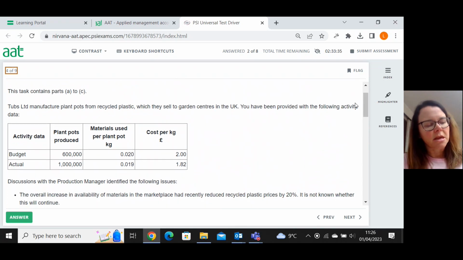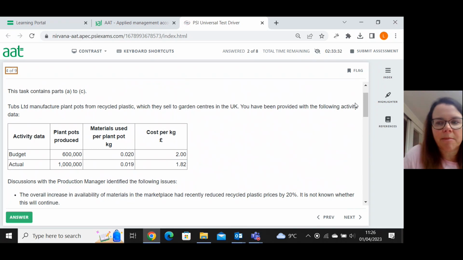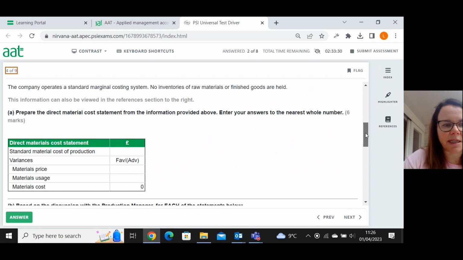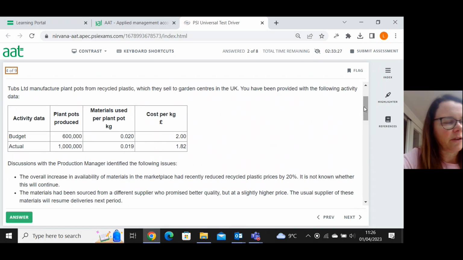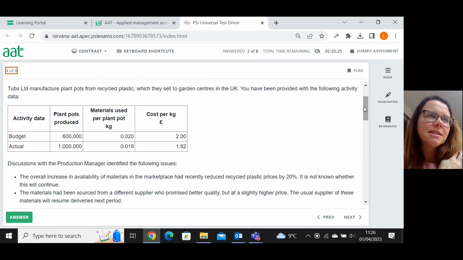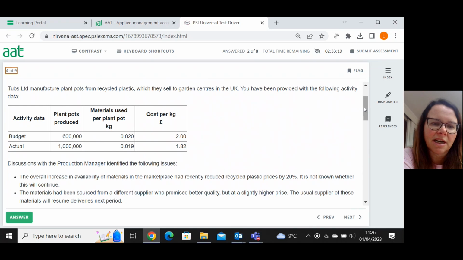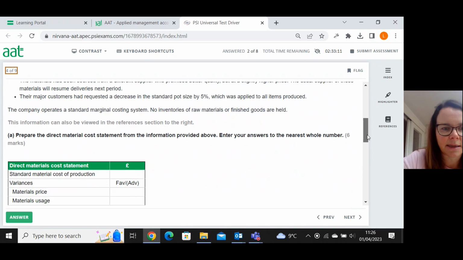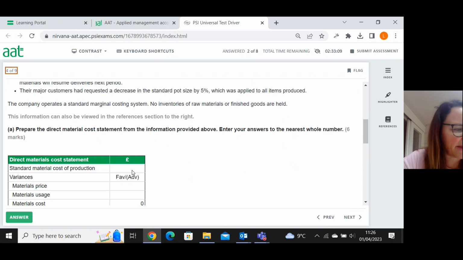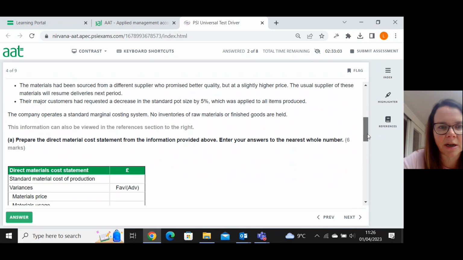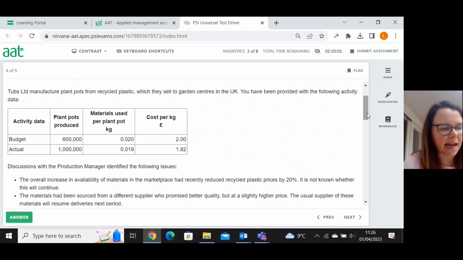Right, so I would start by working out my, in this case, material usage variance. So comparing my flex budget figure, so what did I expect to use and what did I expect to pay for it, is my first calculation. And in fact, it would be quite handy to work that out first because that's what's asked for in that top box of this particular question. Right, so what did I expect to pay for what I expected to use?